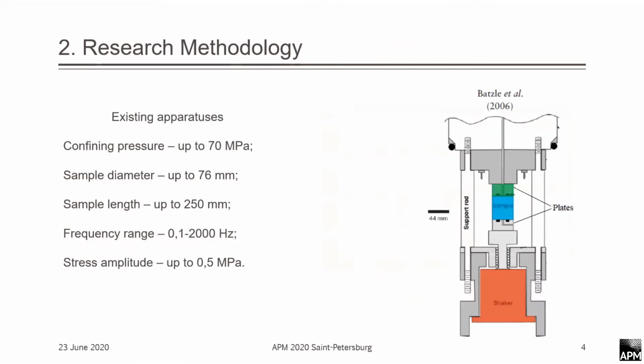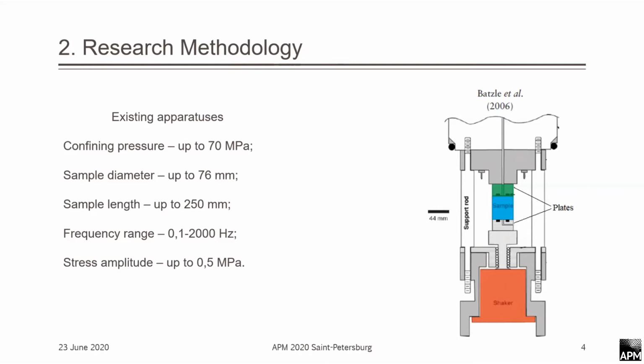First of all, I want to tell you about research methodology. So existing devices for laboratory studies of the influence of dynamic loads on elastic properties are machines for uniaxial or triaxial compression. For research, cylindrical rock samples are made up to 250 millimeters of length and 76 millimeters in diameter.